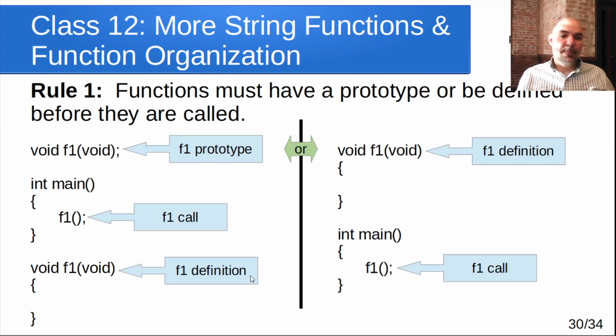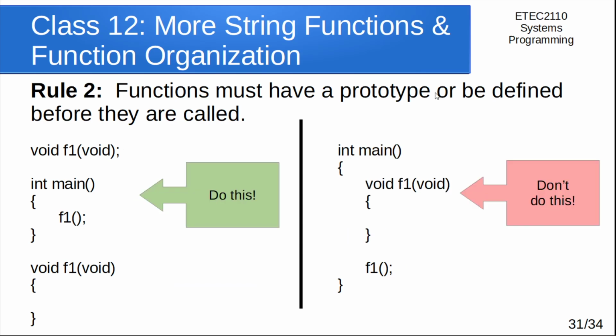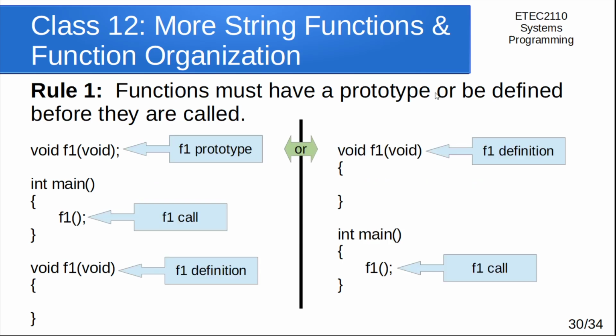So the first one, rule 1, functions, and here I'm going to turn off my face, you can't see what that says right there, so I'm going to turn off my face for just a second. All right, so rule 1, functions must have a prototype or be defined before they're called. And here, let me just fix this.